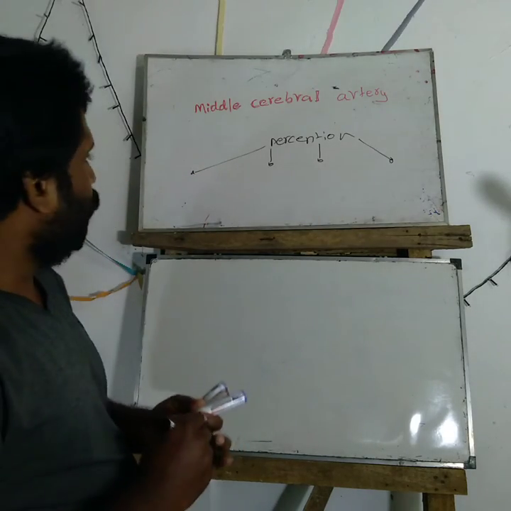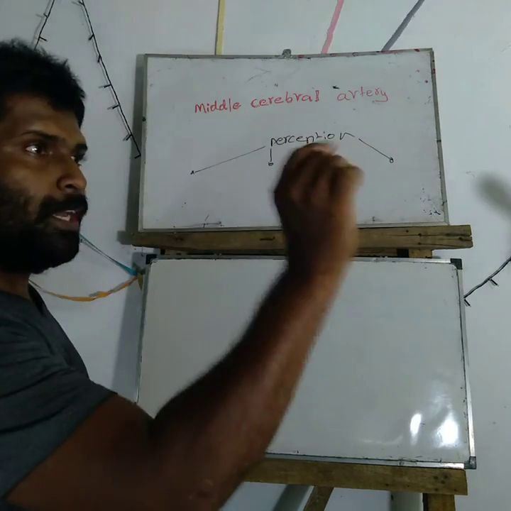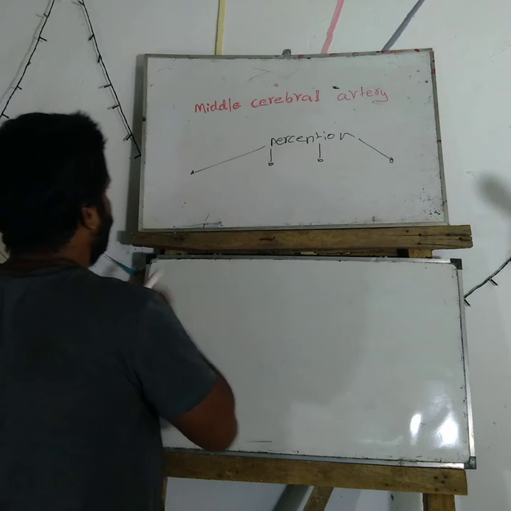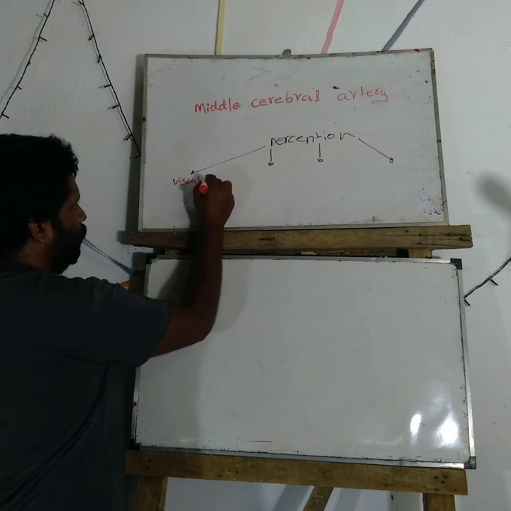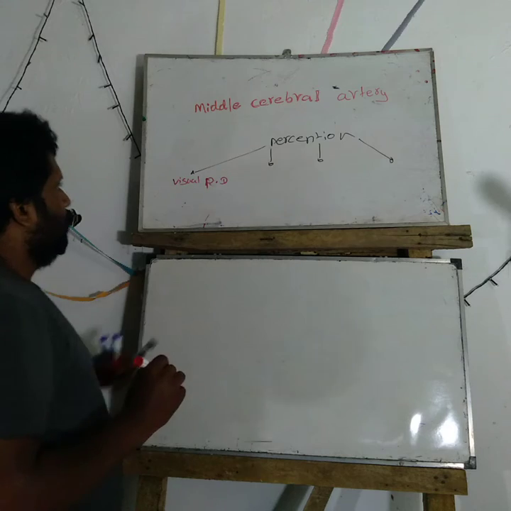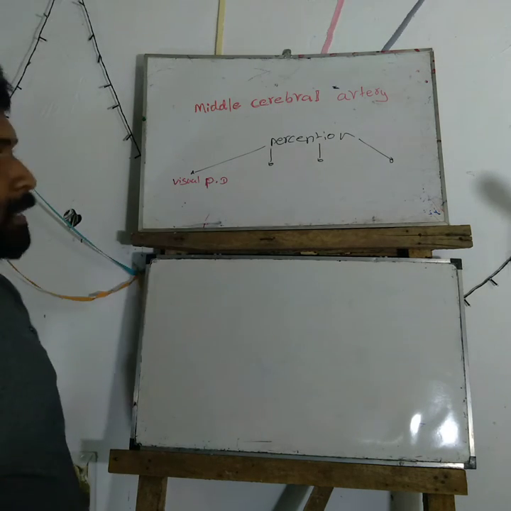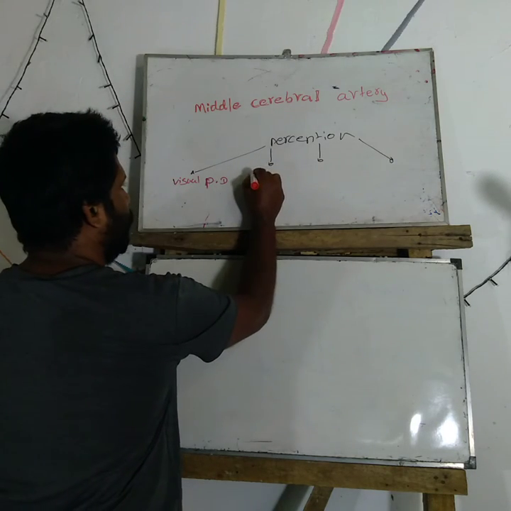First one is the visual perceptual disorder. Second one is the visual spatial perceptual disorder.